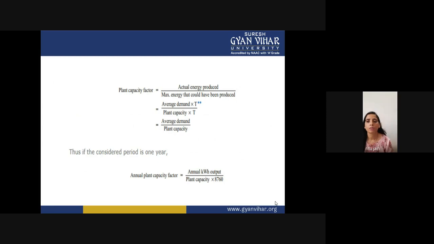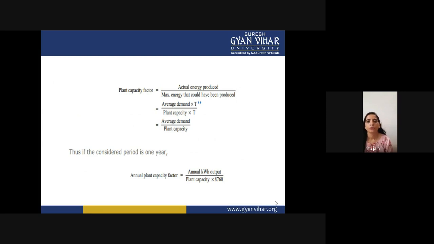Another formula for plant capacity factor is equal to average demand upon plant capacity. If the considered period is 1 year, then annual plant capacity factor is equal to annual kilowatt hour output upon plant capacity into 8760, which is the hours in a year.